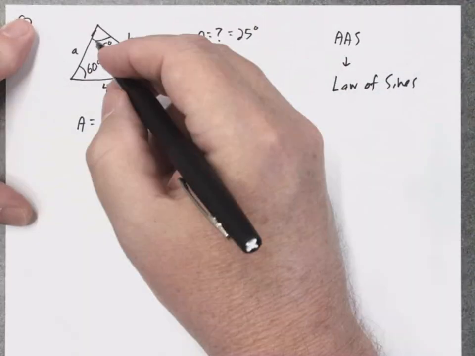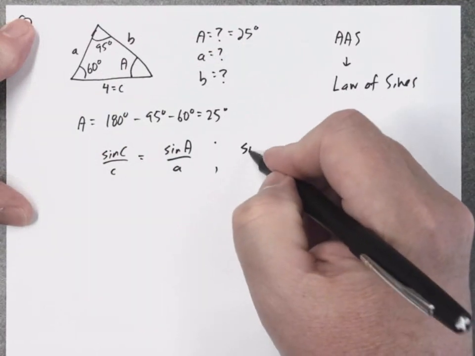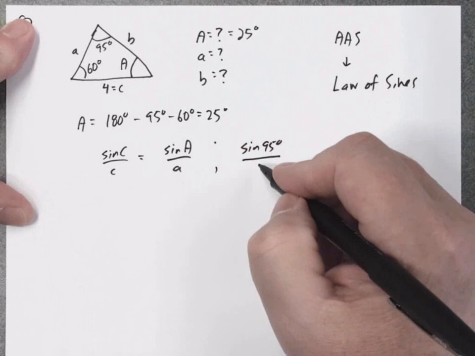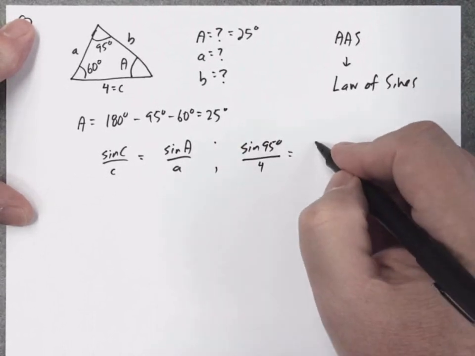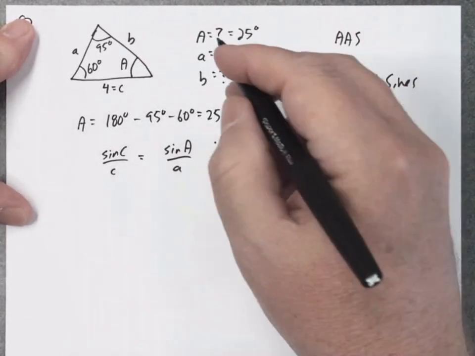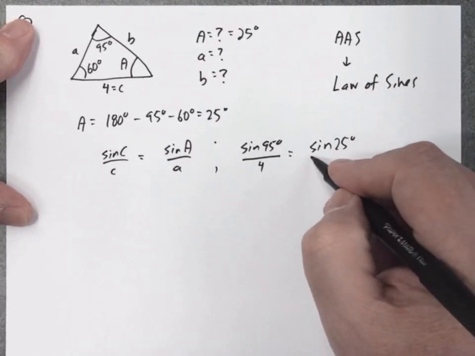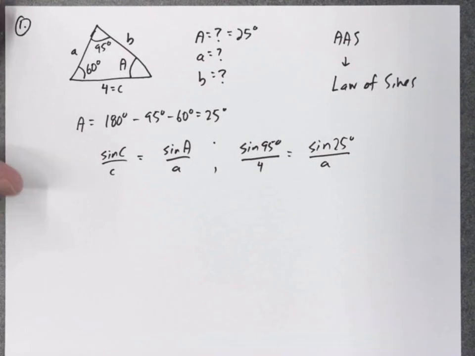This is side C, so this is angle C. So the sine of 95 degrees over side C, which is 4, equals the sine of angle A, which we just found to be 25 degrees, over side A.